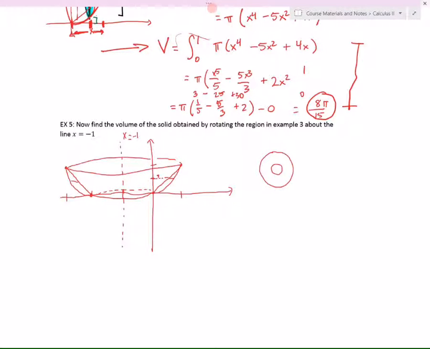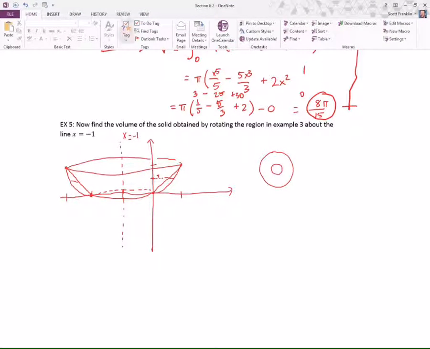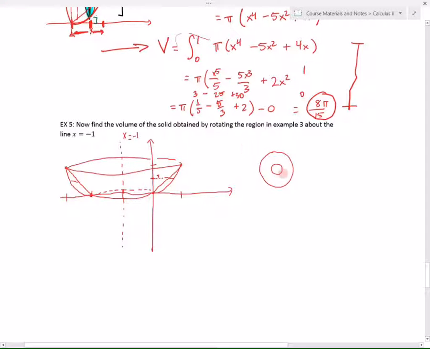Now what we've got to be able to do here is measure the outer radius from the center and the inner radius. So in this particular case, the outer radius is going to go from here, that is the x equals -1 line, all the way out to this curve. So the question is, how far is that distance right there?